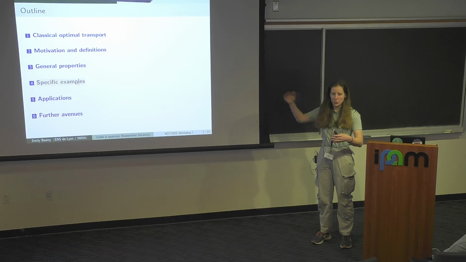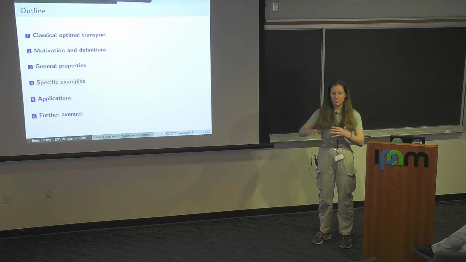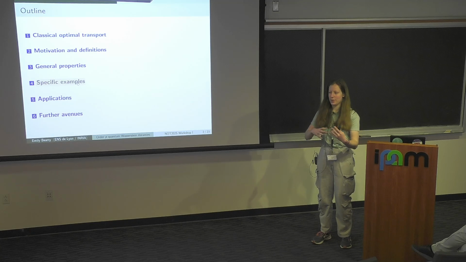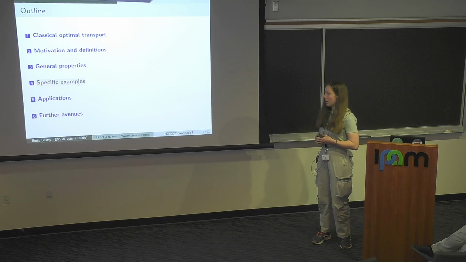I'll tell you what properties it satisfies, what it looks like in a few specific cases for specific underlying distances or underlying geometries on your Hilbert space, what you can do with it, and then we'll conclude by talking about where we go from here.